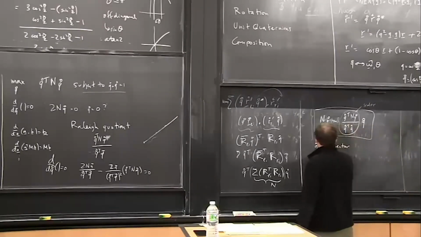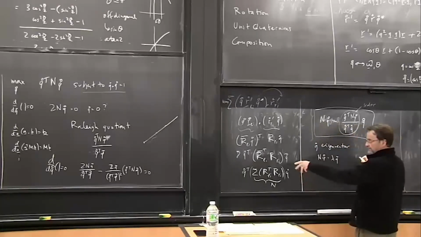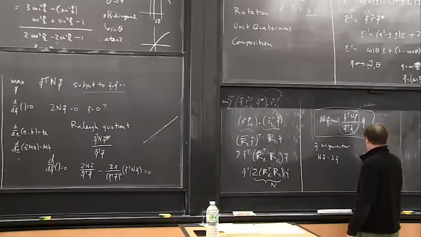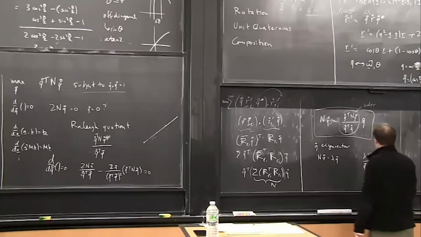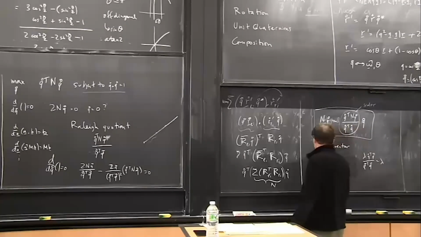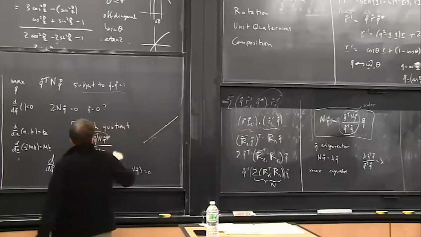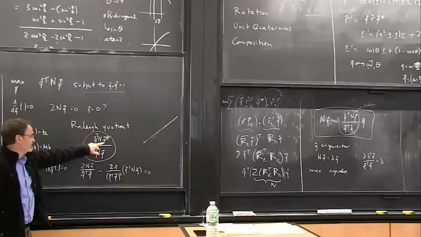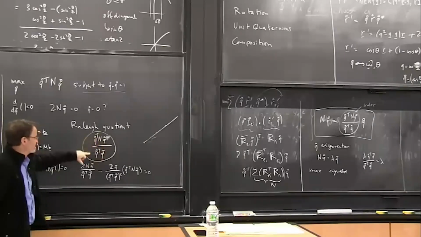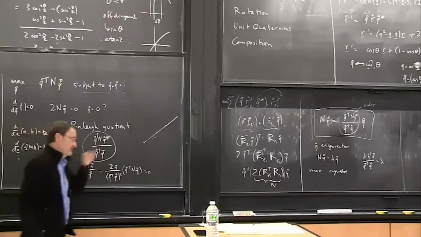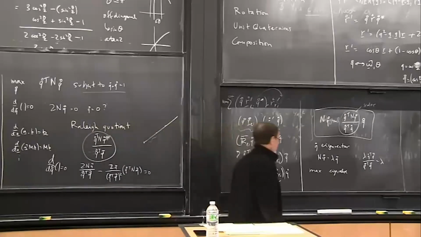And it's pretty easy to see that if nq is lambda q, then this ratio over here is going to be lambda q transpose q over q transpose q, which is lambda. And so to maximize it, we pick the largest eigenvalue. Right, we want to maximize this ratio. And the way to do it is to pick Q to be the eigenvector corresponding to the largest eigenvalue, and then this whole thing is equal to that eigenvalue. So obviously you wouldn't want to pick a smaller eigenvalue than the maximum one.